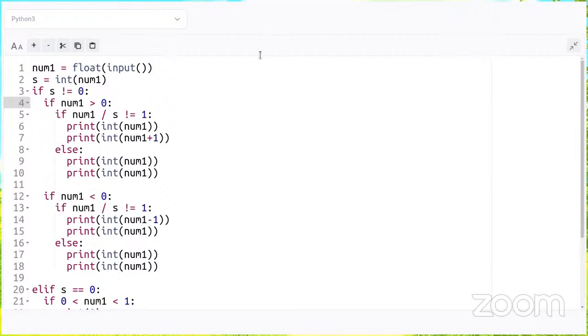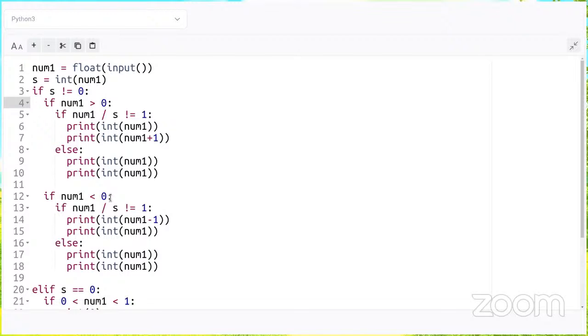I break my code into two parts. First, I ask the user to enter a number. Then S is the integer part of that number. If that integer part is 0, then the next part of the code is executed, after line 20. And if that integer part is not 0, then we enter the first if that starts from line 3.